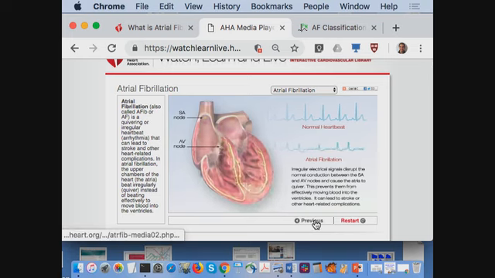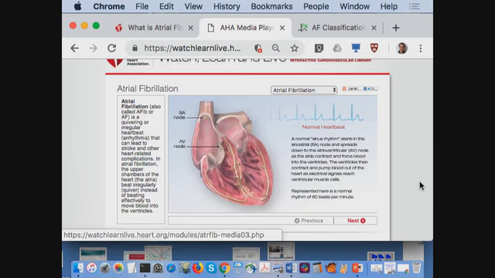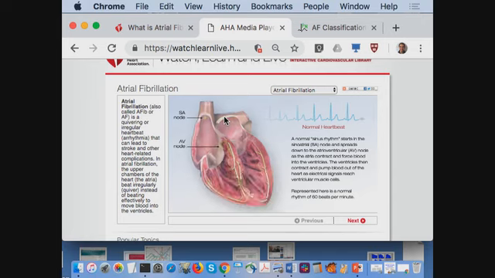Okay, so this is a normal heartbeat. Heart's pumping like this. And if you were to look at the signal output of the EKG of a normal heartbeat, it would look like this, and it roughly corresponds to the signals for different cycles of the heartbeat.